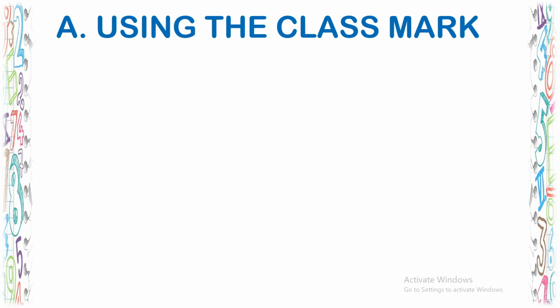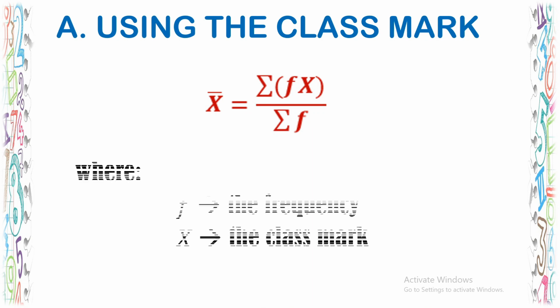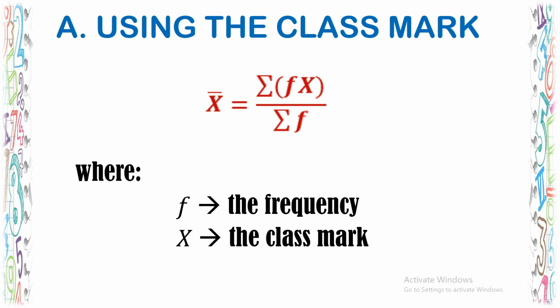If you can still remember, the class mark is taken by getting the sum of the upper and lower class limits, then dividing the sum by 2, or simply getting the average of the limits. Here we use the formula: mean is equal to the summation of fx all over the summation of f, where f represents the frequency and x the class mark.